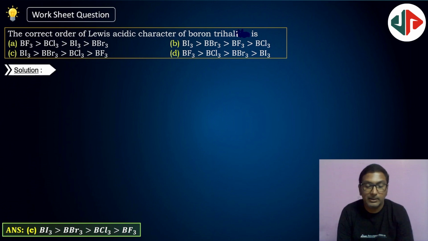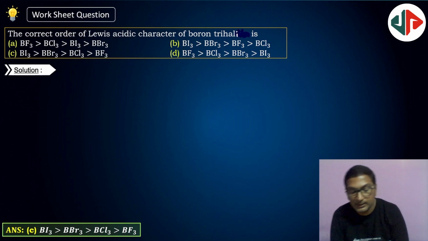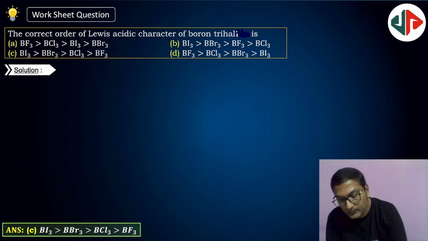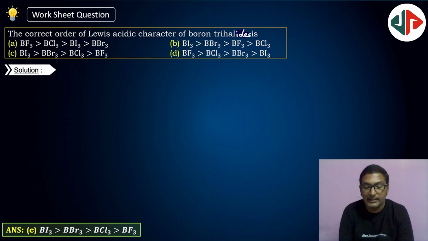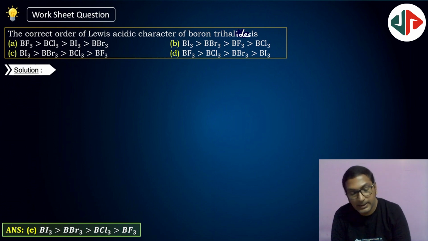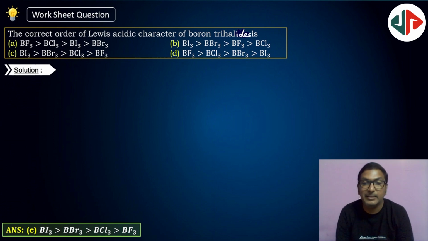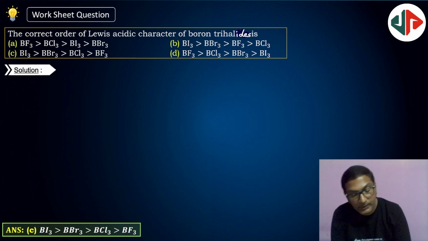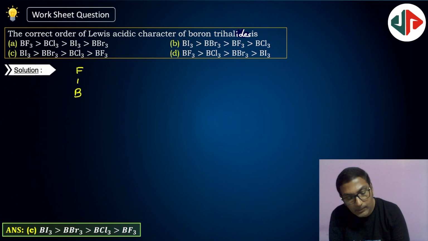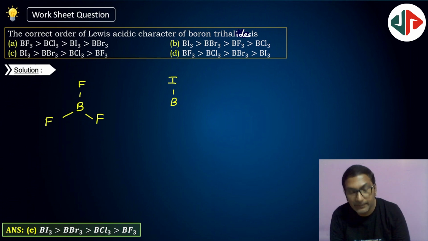The correct order of Lewis acidic nature of boron trihalides. Here it is given BF3, BCl3, BBr3 and BI3. First I am taking BF3, and the first and last compounds, BF3 and BI3.